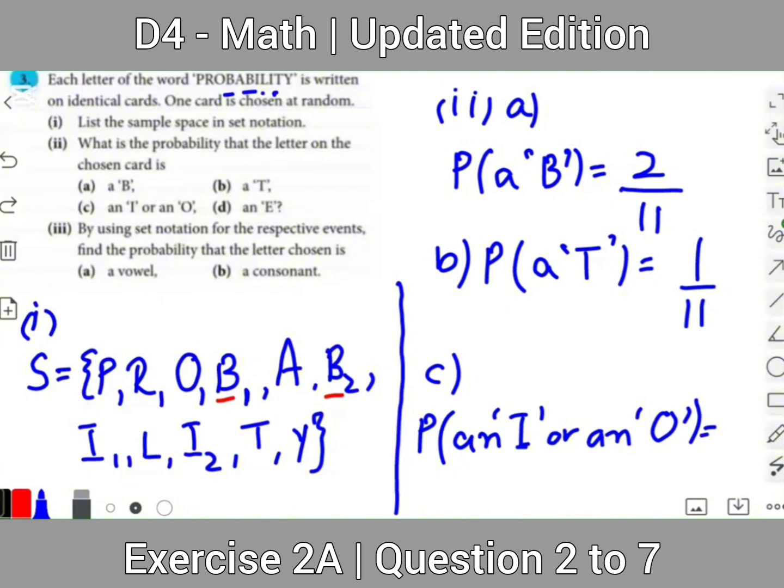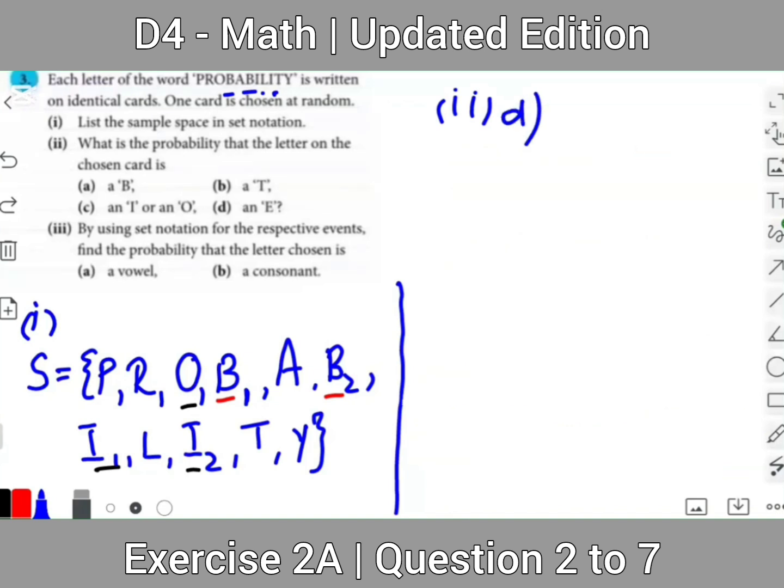Just because we have two I's in the sample space and there is only one O, so if we count, we have 3 elements in the sample space for this event. So the probability for an I or an O will be 3 over 11.